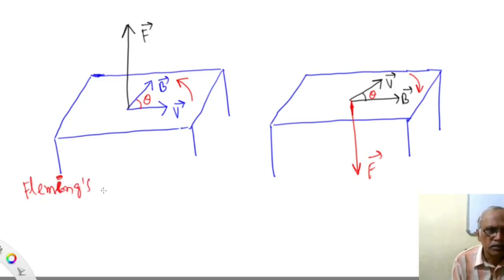What is Fleming's left hand rule? Using the left hand's thumb, forefinger and middle finger, the thumb will give the direction of force.